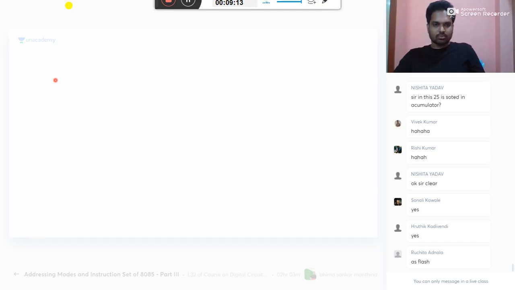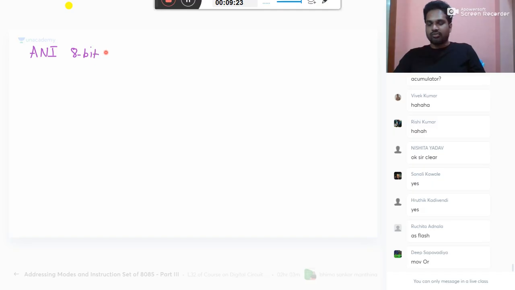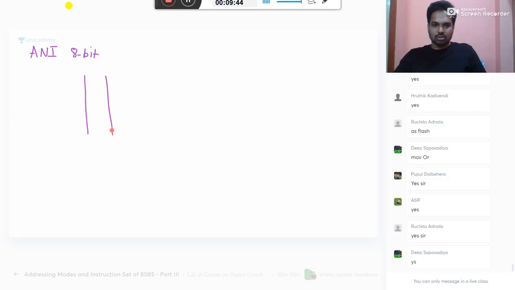Let's take one example of AND immediately some 25. Here the number will be stored immediately in the computer, so it requires one opcode fetch and also memory read. So here, what are your conditions? 2 byte, 2 machine cycles, opcode fetch plus memory read.